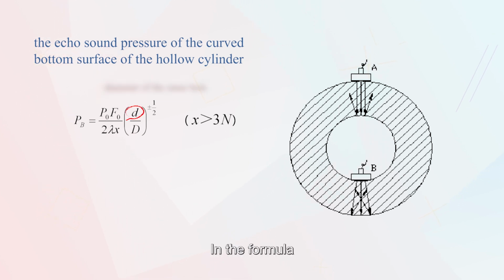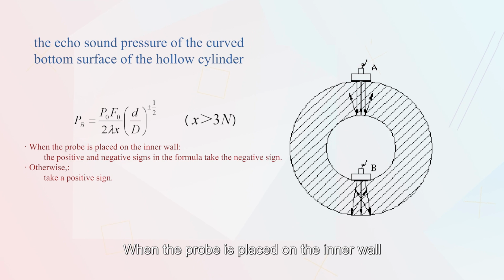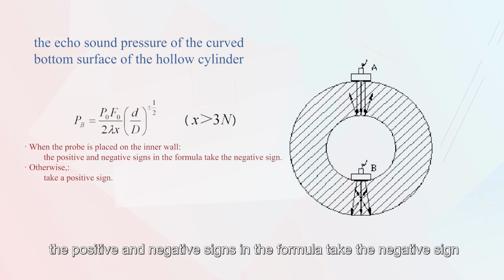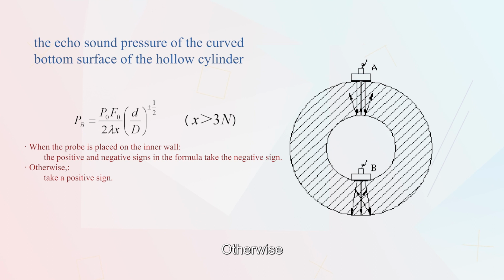In the formula, d is the diameter of the inner hole, and the capital D is the outer diameter. When the probe is placed on the inner wall, the sign in the formula takes the negative sign. Otherwise, take a positive sign.